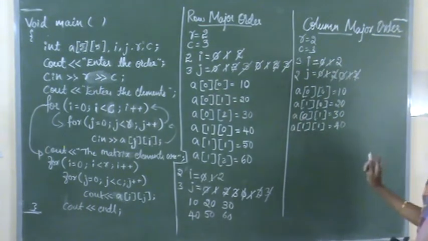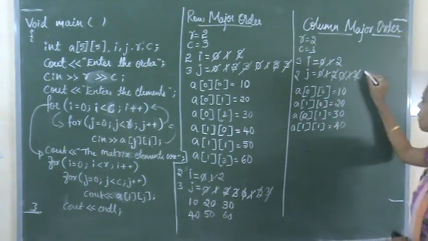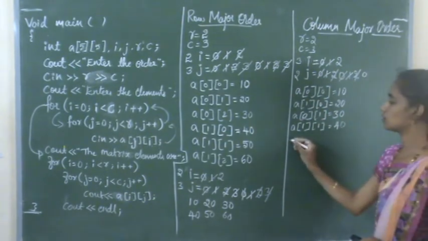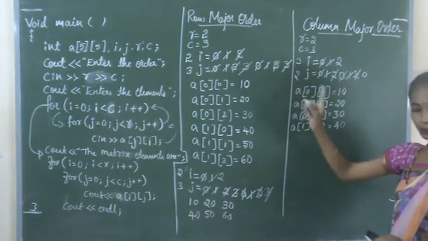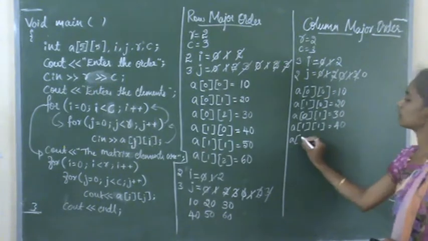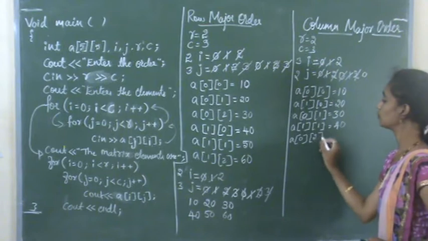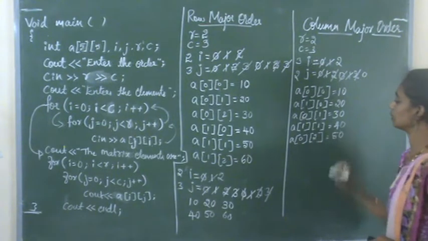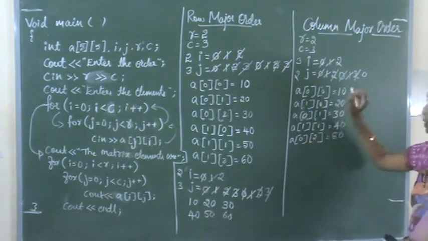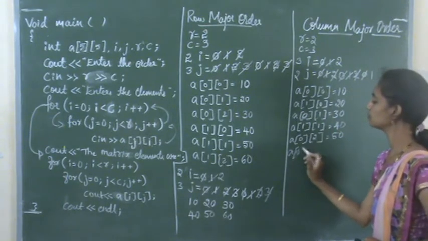So I value becomes 2. 2 less than 3, true. Again it will enter into the for loop. J value becomes 0. Again 0 less than 2, true. It will enter into the for loop. What is the J value? J value is 0. What is the I value? I value is 2. Now I enter some value here. Again the loop will be repeated. Increment the J value. Condition is true.